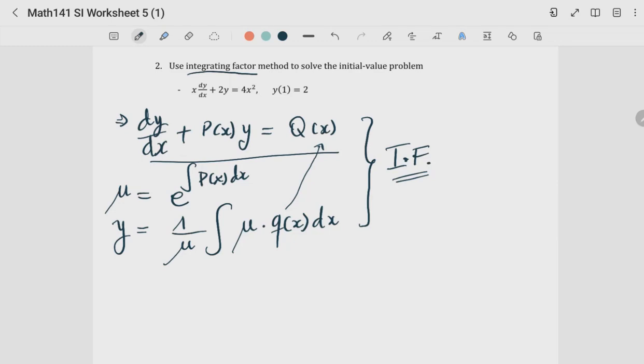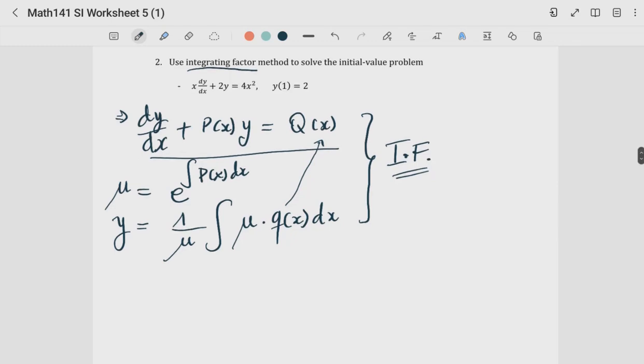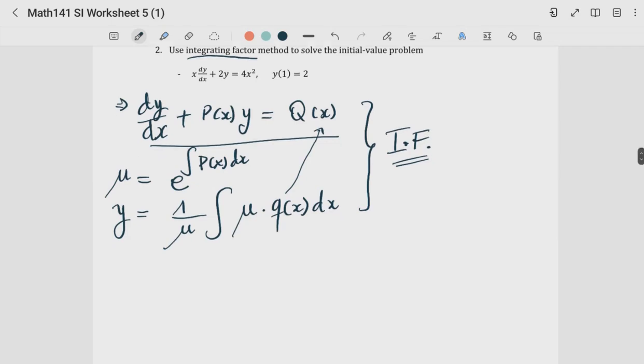So what that means is that we need to get our differential equation in that form. So let's see. First, we need to divide by x on all sides so we can get rid of the x next to the dy over dx. So that means that our equation becomes dy over dx plus 2 over x y is equal to 4x, if you divide by x across all terms.